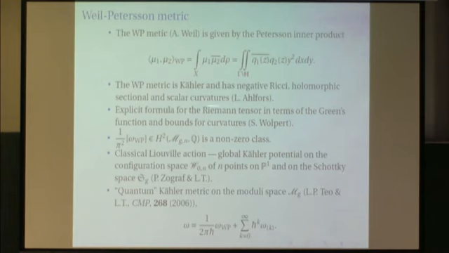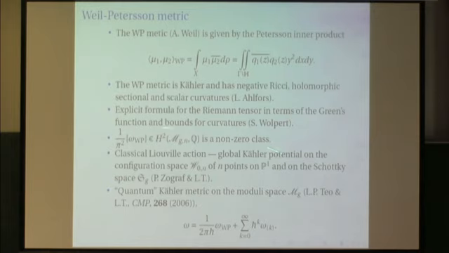Then Ahlfors, in his classic papers, proved the negativity result, and then Scott Wolpert obtained an explicit formula for the Riemann curvature tensor of the Weil-Petersson metric using the Green's function. The Green's function is the resolvent kernel of the automorphic Beltrami-Laplace operator evaluated at a certain point.